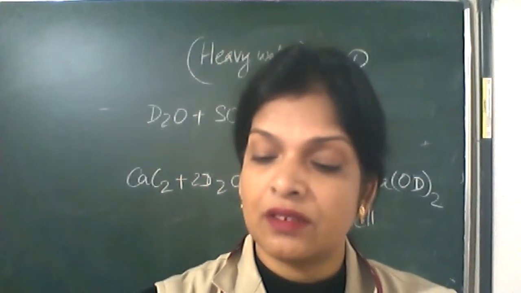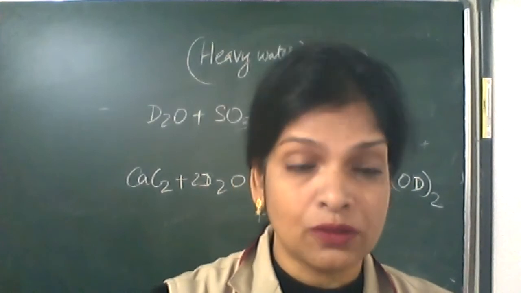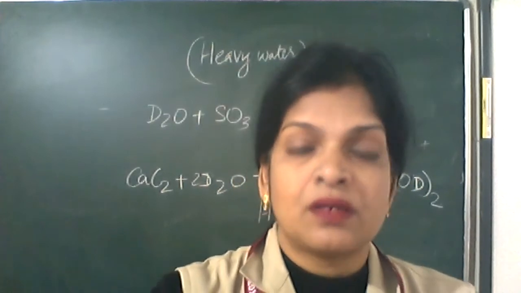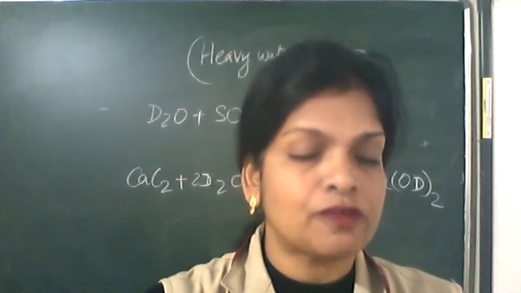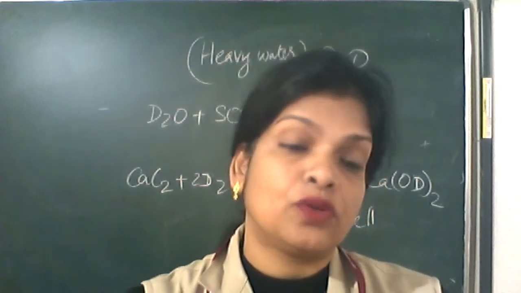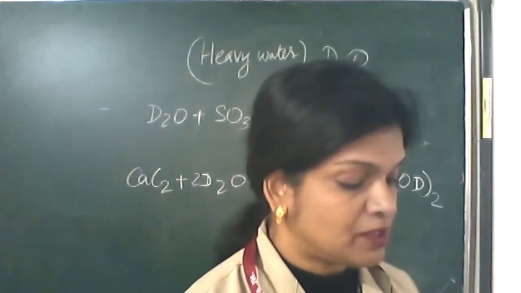So these are the advantages, or this is what is meant by hydrogen economy. Hydrogen economy means transportation and storage of energy: transportation of hydrogen as a fuel and storage of energy in hydrogen. With that, we finish this chapter, hydrogen.